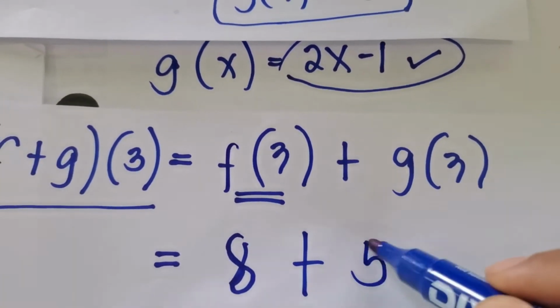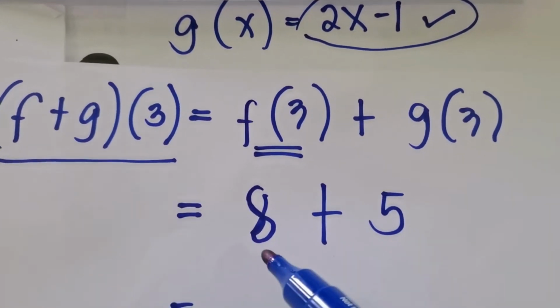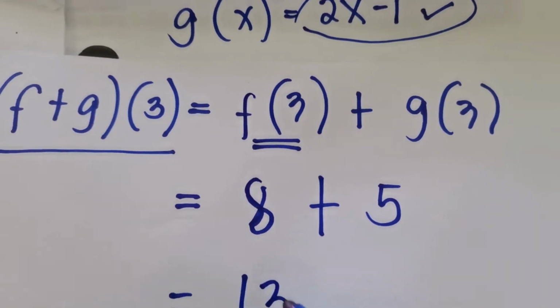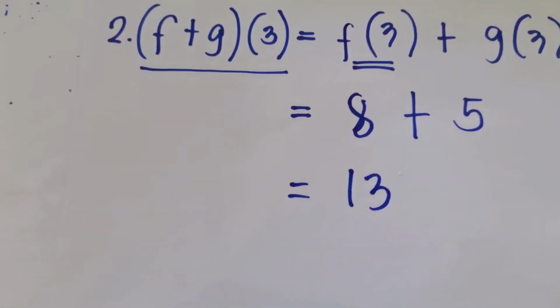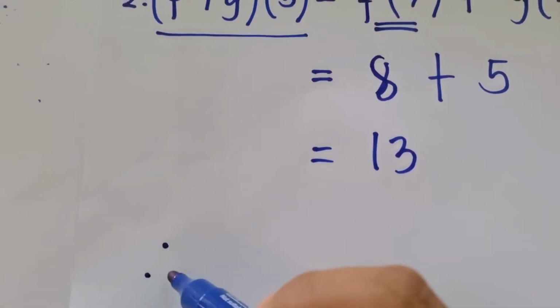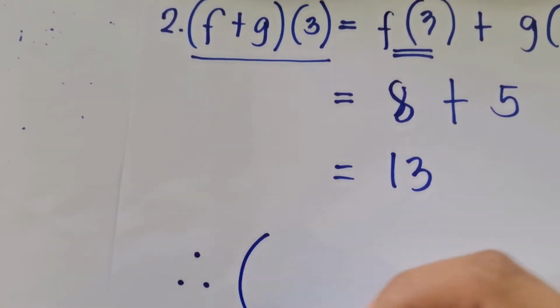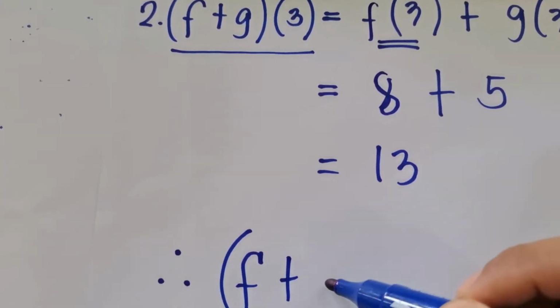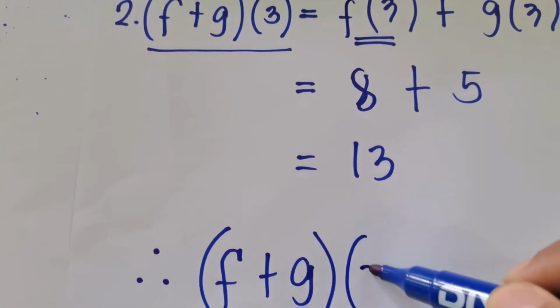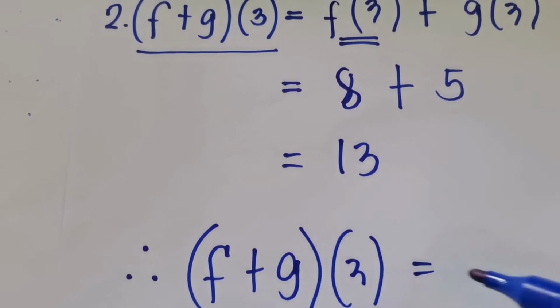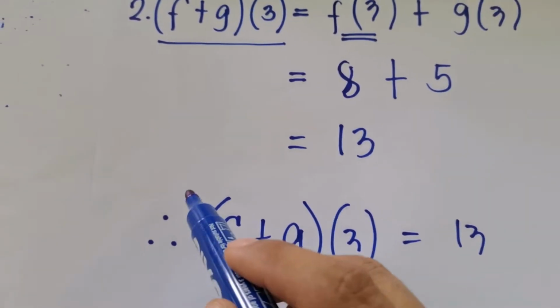So we have 5. 8 plus 5, we have 13. Therefore, the quantity f plus g of 3 is just equal to 13.